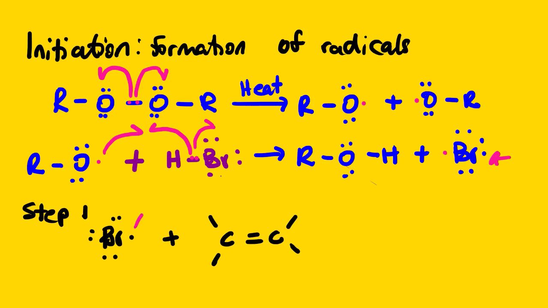So you can say we only have one movement of electron and another electron from the double bond, and another electron will move to this carbon. So you can see the movement.